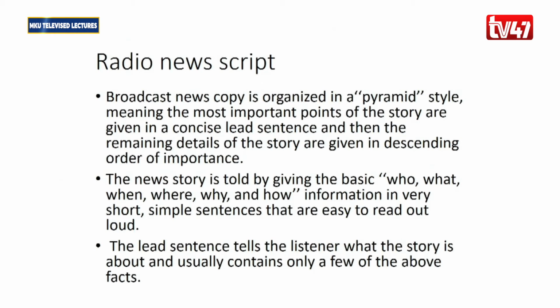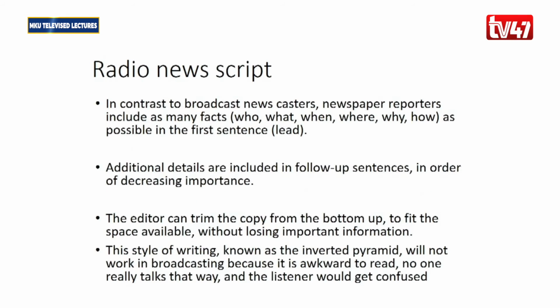But when it comes to radio, we only pick one of these, and we ensure that it is the most important, so that we can feature that within our opening sentence or introduction, and then give other information in the later part of the story, starting with probably the least important, moving to the most important.